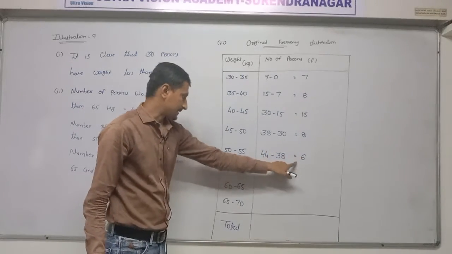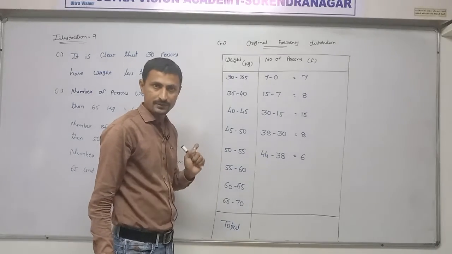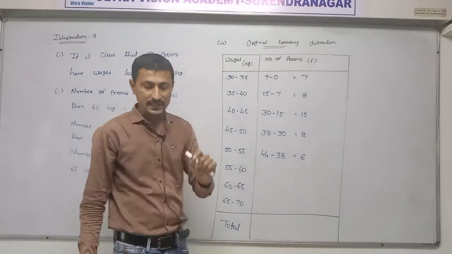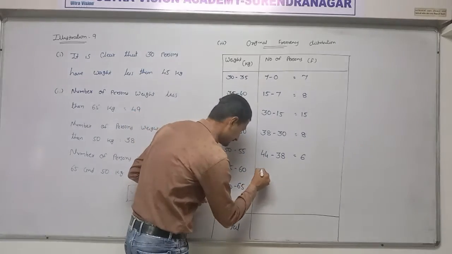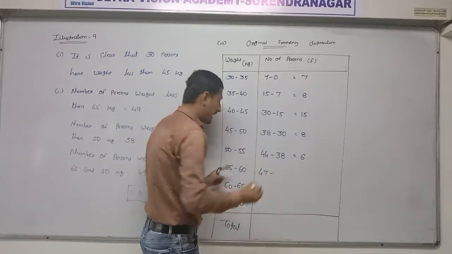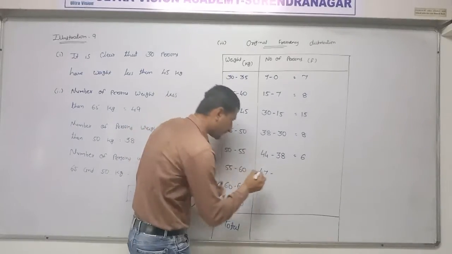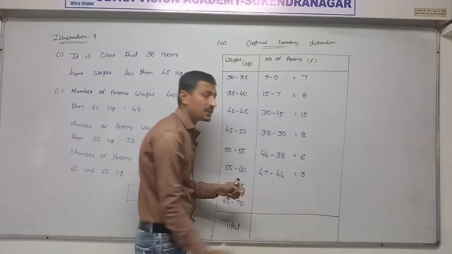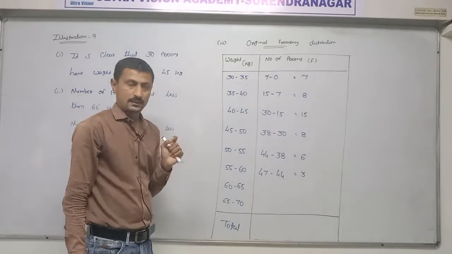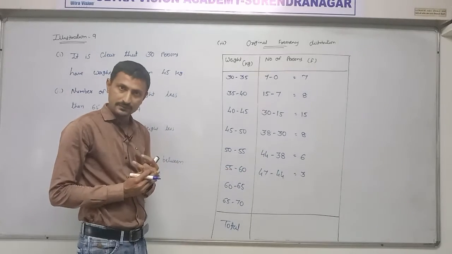So 6 persons have weight between 50 and 55 kg. Less than 60, the number of persons is 47, and less than 55 is 44. The difference is 3 persons with weight between 55 and 60.